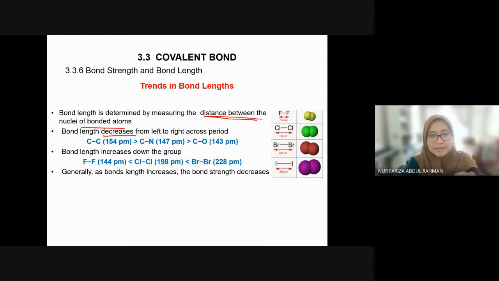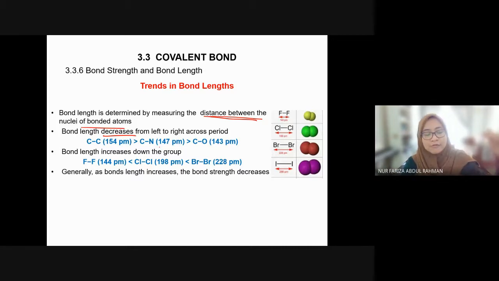And then what caused that to happen? What makes this distance of bond different from carbon, nitrogen, and oxygen? Again, attraction, guys. Attraction across the period. Cerita apa macam topik 2 last time, across the period Z increases, betul tak?